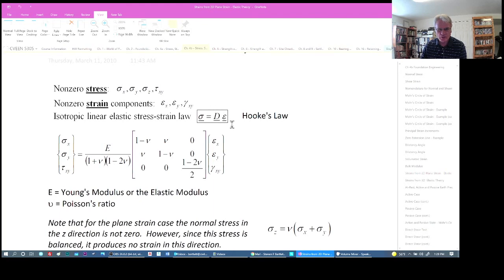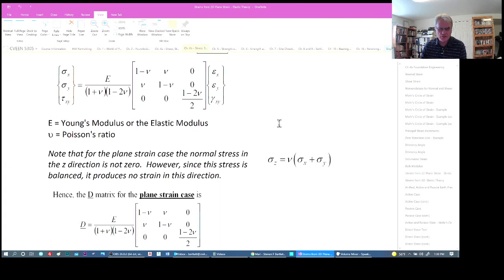If we want to solve for strains, then we can use Hooke's law and essentially say that the strains are equal to the stresses divided by the moduli matrix.